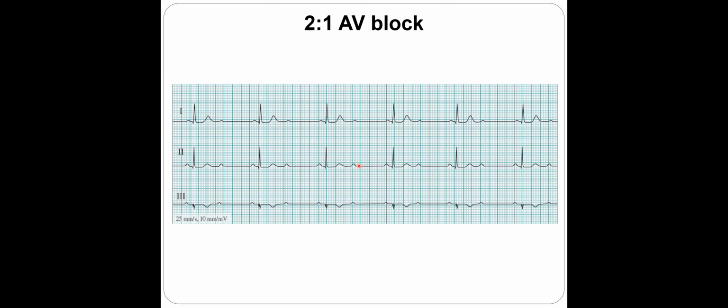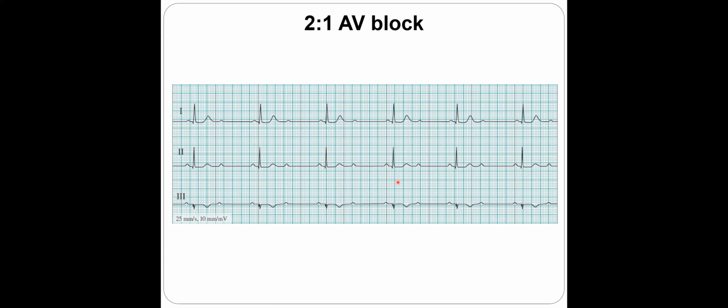Now, what will be the consequence of it? It's irreversible. So this is why you should put in a pacemaker, because only a lower center, only the ventricle, can take over the escape rhythm, and the ventricular escape rhythm is very slow, so it cannot maintain a normal cardiac output that is enough to maintain a normal life for the patient.